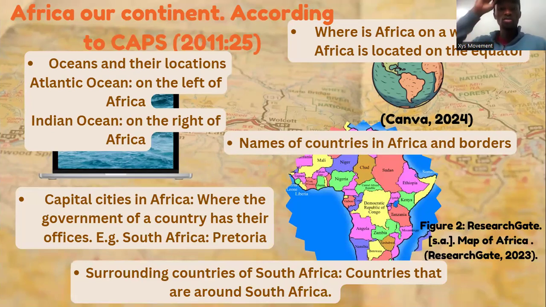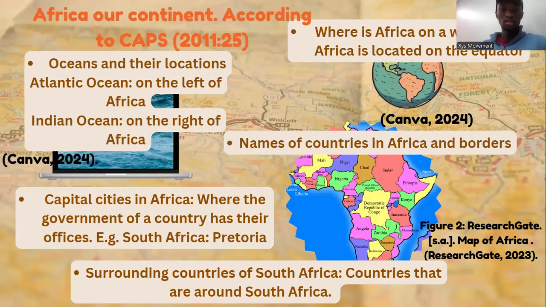As you know, the capital city is where the government of a country has its offices, and in South Africa it's Pretoria, in Zimbabwe it's Harare, and in Namibia it's Windhoek, and every country has its own capital city. And the next one under Africa countries, we look at surrounding countries, which are Namibia, Botswana, Zimbabwe, Mozambique, Lesotho, and Eswatini, also known as Swaziland.